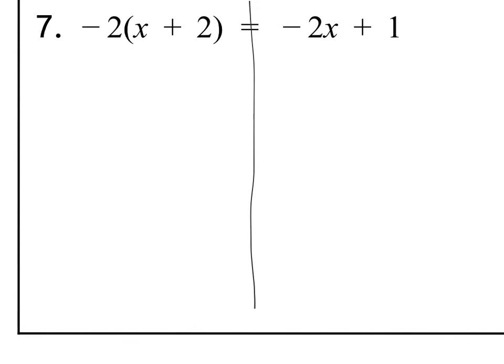All right, on the left, what are we going to do? Distribute. Negative 2 times x plus negative 2 times 2. I'm going to point this out to you. Plus a negative becomes just a subtraction.